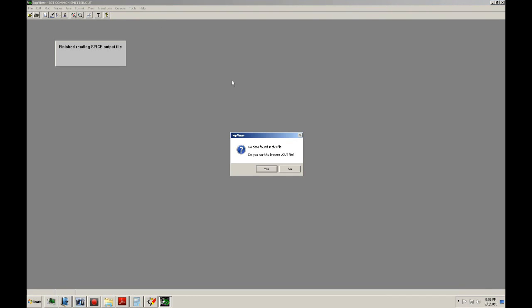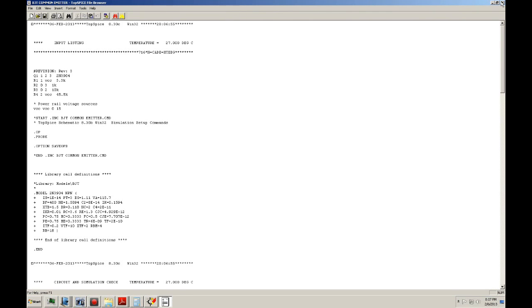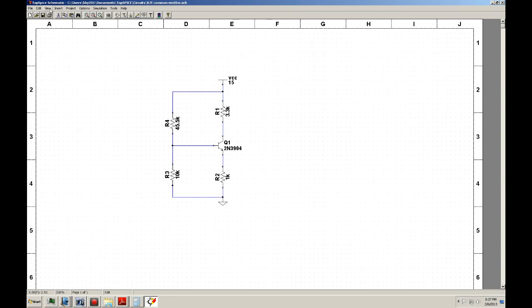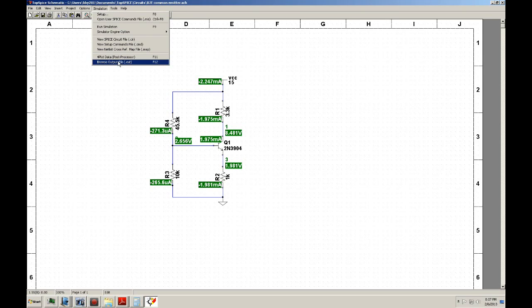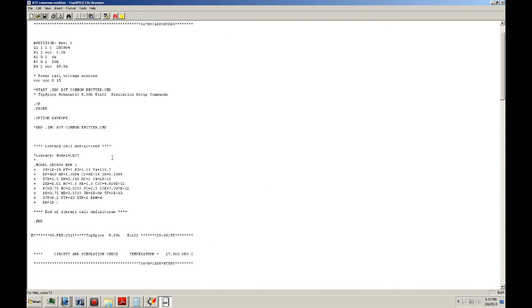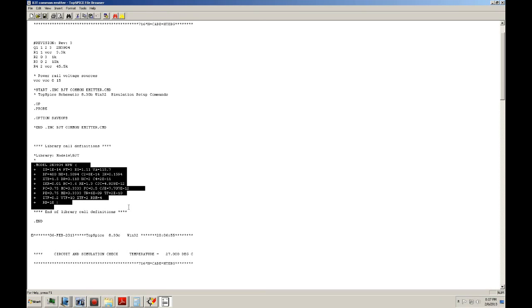Okay, so now we do it. Okay, this is 2.65. Actually, this has a base probably of 200. Actually, it's got a beta of 400.